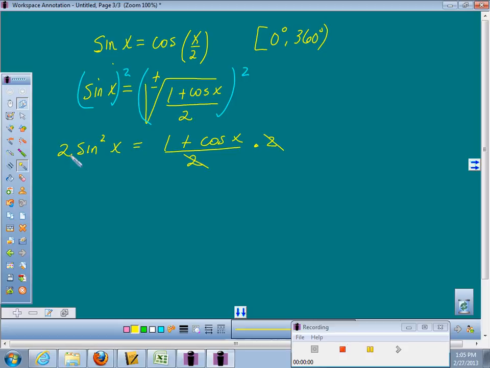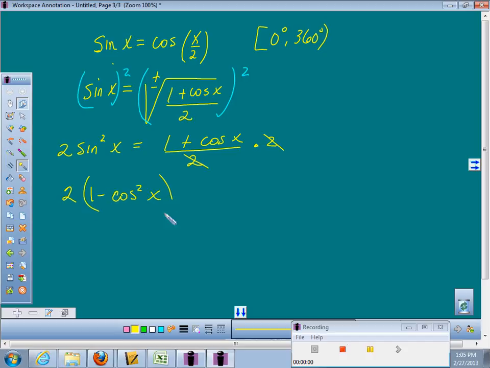But still I have sine and cosine in the same problem. Using fundamental number 6, yes, I could change sine squared into 1 minus cosine squared. How should I write this properly?